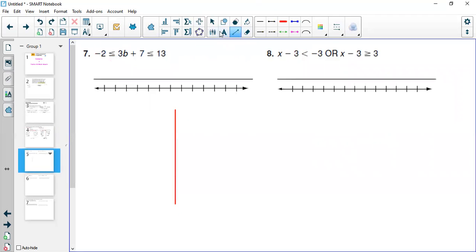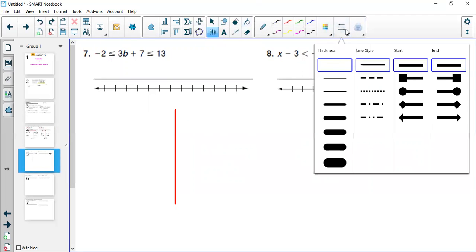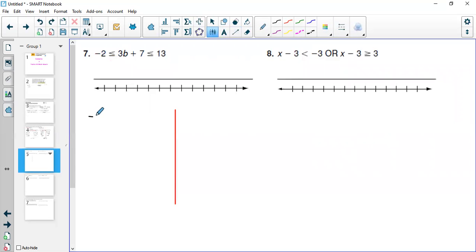Let's start solving. The first inequality is negative 2 less than or equal to 3b plus 7, and the other inequality is 3b plus 7 is less than or equal to 13. Let's solve this one first.